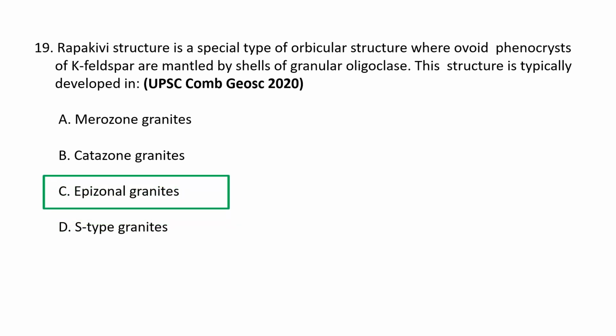The Rapakivi batholiths and stocks are epigonal multiple intrusions consisting of several different granite types. Minor gabbroic and anorthositic bodies and quartz porphyry dikes are also associated with the Rapakivi complexes. C is the correct option.